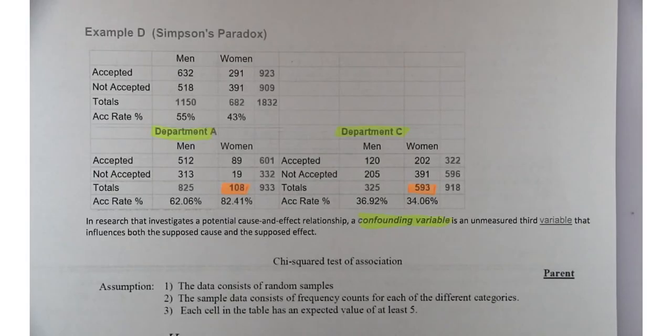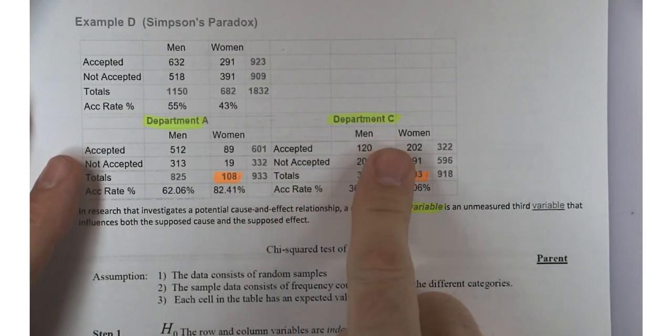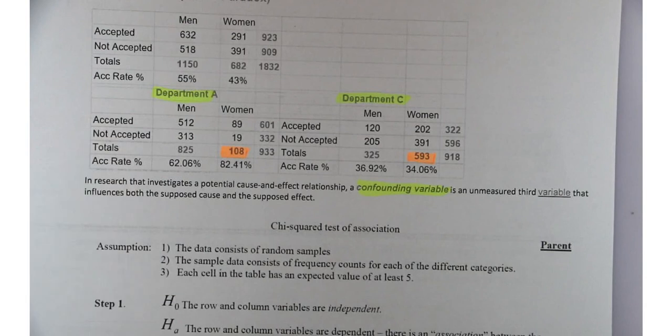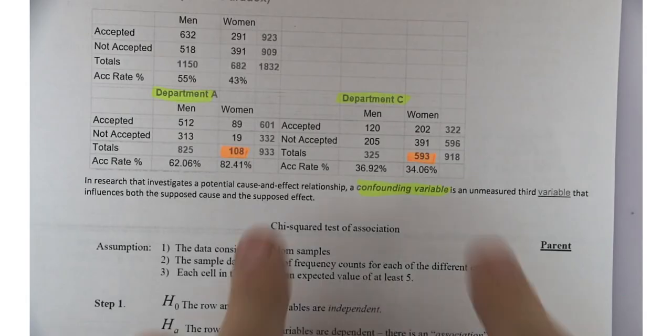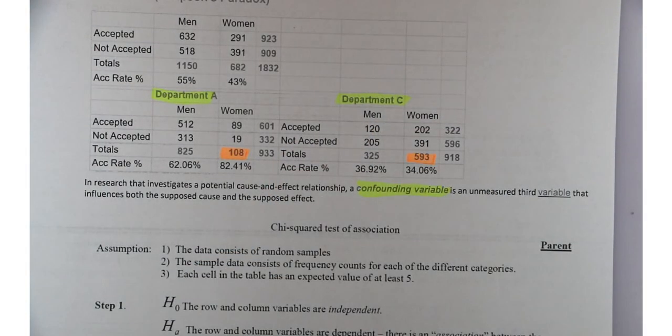Nicole, what's that say we're going to conclude about the relationship between being accepted or not being accepted and gender for Department C? Yeah, you're going to fail to reject. They're independent, right? There's no reason to conclude that one gender is favored over another. They're about the same.